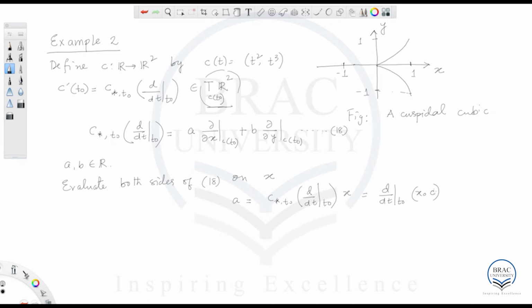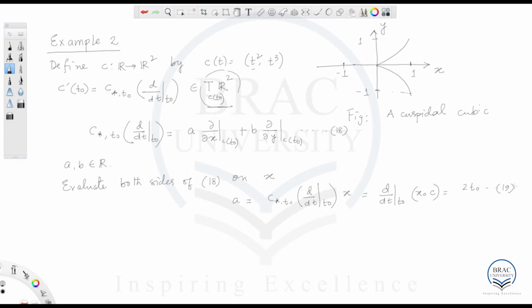So what is the x component of the curve? That's t squared. So this is equal to the derivative of t squared evaluated at t0, which is 2t0. This is equation number 19.